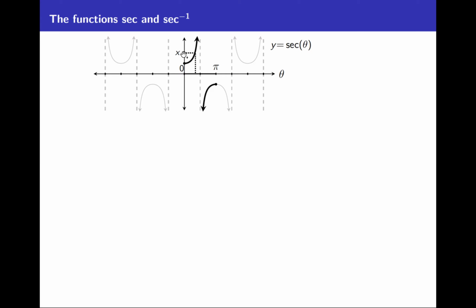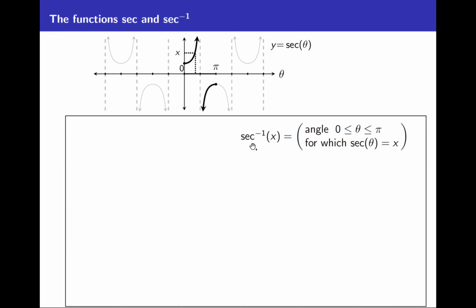It'll run secant in reverse: take an output value for secant, x, go over to the graph and down, and we arrive at an angle, a theta value between 0 and pi, for which if you took secant of that theta, you would get x. And this theta right there, that's what we're calling secant inverse of x.